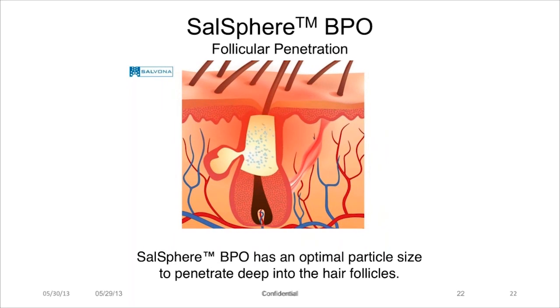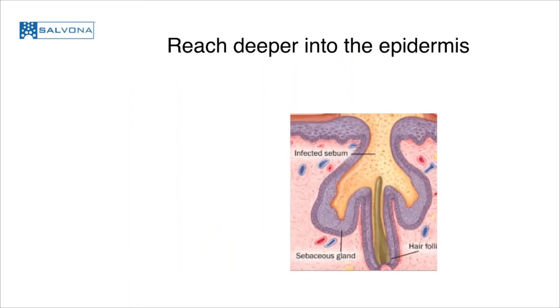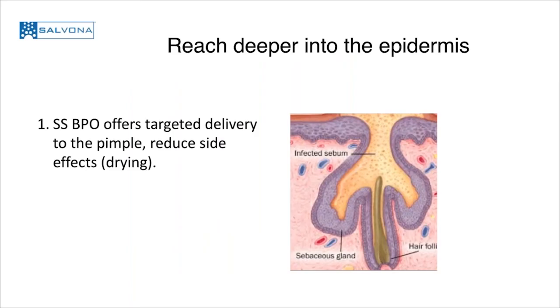The BPO can penetrate deeper and heal those areas specifically. The particle size is the major value of SalSphere BPO. It reaches deeper into the epidermis. It's affecting the severe acne mostly. It sustains the release of the BPO inside the pimple.